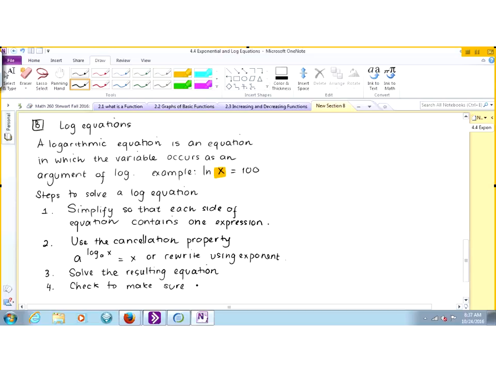Check to make sure the solution is in the domain. What is the domain of log? 0 to infinity. So the argument of log must be positive. That's true. All right.